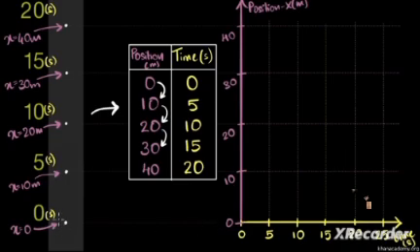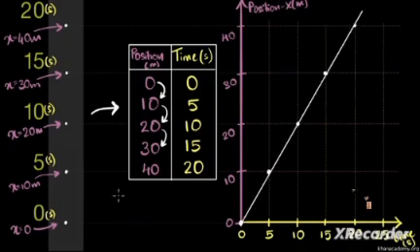Cool. Now, at 0 time, our position is 0. So that's 0, 0, that's over here. At 5 seconds, our position is at 10 meters. So we draw here. 10 seconds, we are at 20. 15 seconds, we are at 30. And at 20 seconds, we are at 40. Can you see that all these points lie on a straight line?